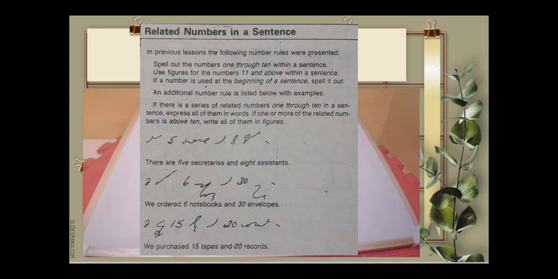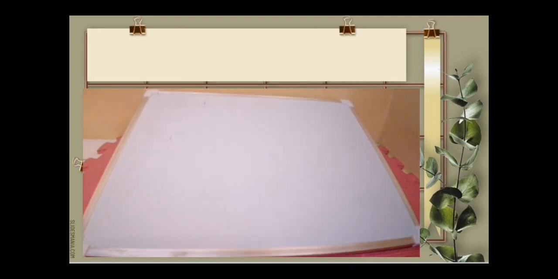If a number is used at the beginning of a sentence, spell it out. An additional number rule is listed below with examples. If there is a series of related numbers 1 to 10 in a sentence, express all of them in words. If one or more of the related numbers is above 10, write all of them in figures.